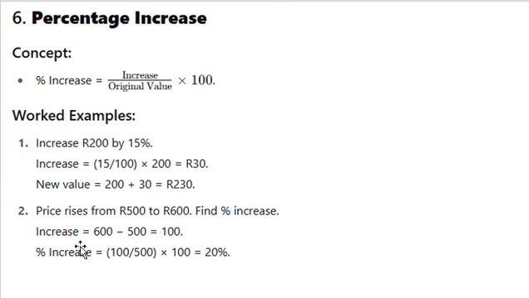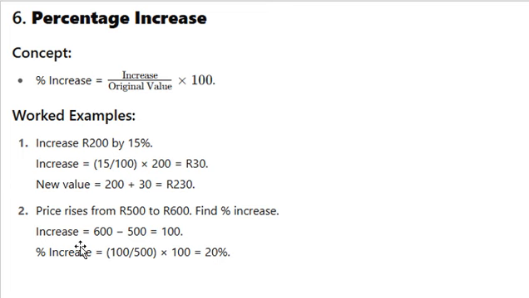So if we have been buying bread for 8 rand and now this year it is 9 rand, what could have been the percentage increase? The amount it increased from 8 rand to 9 rand is 1 rand, but we want to know the percentage increase from the original price.